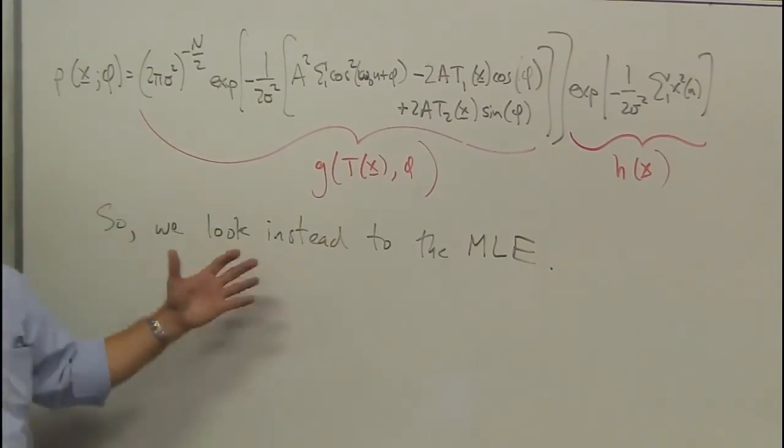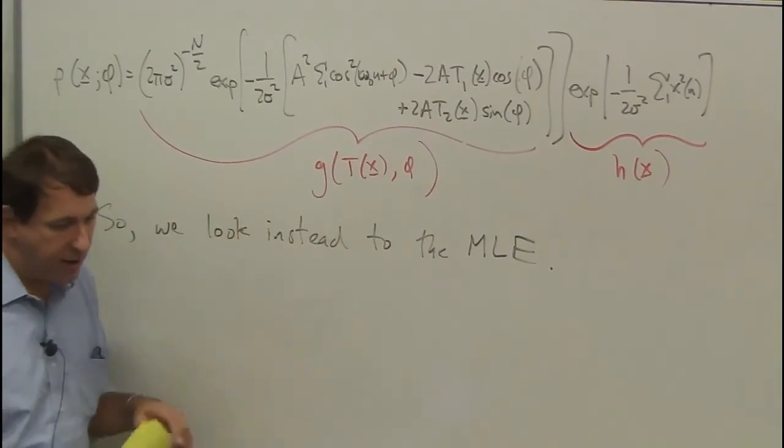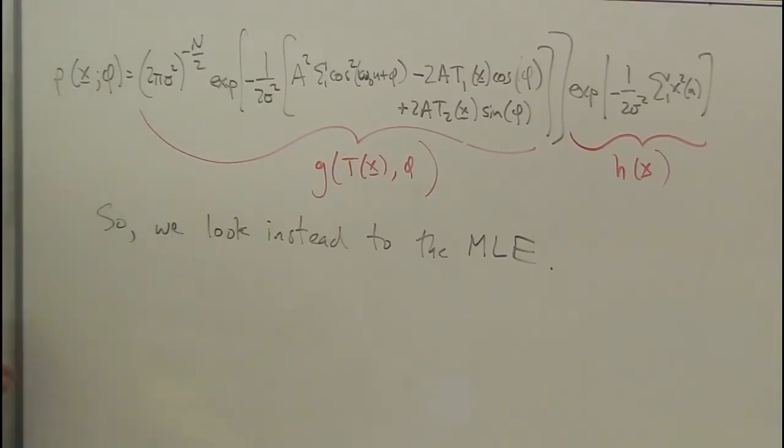We have to examine the issues associated with asymptotic efficiency and all that. How many data points n is sufficient for us to get there?